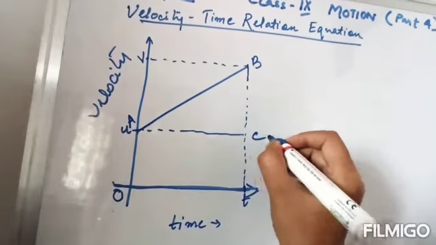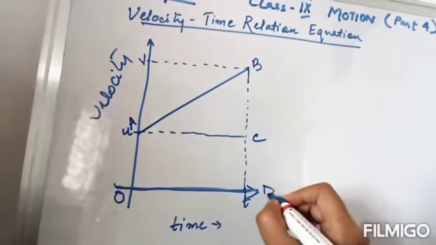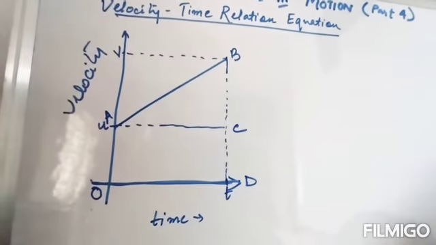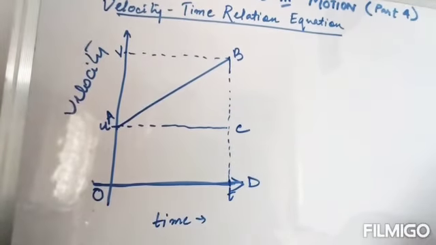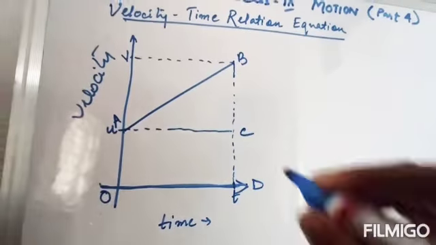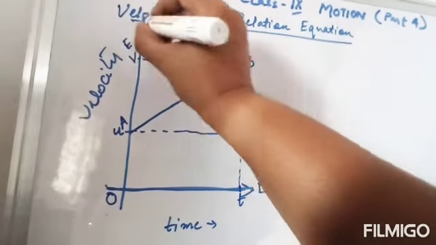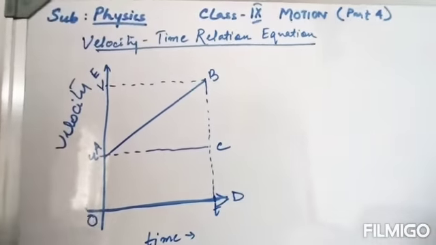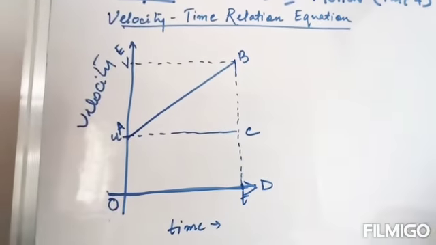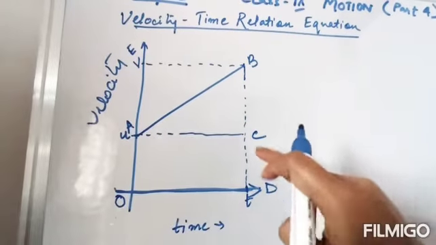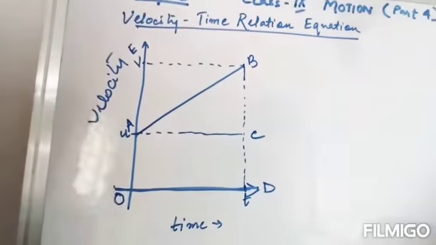This be C, this be D, and let this position be E. So A, B, C, D, O, and this be E.